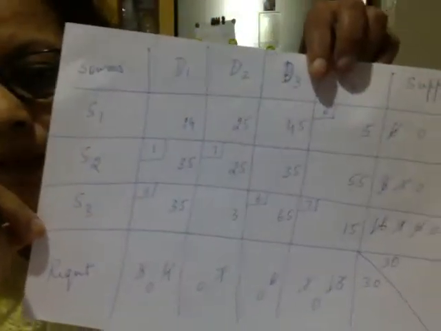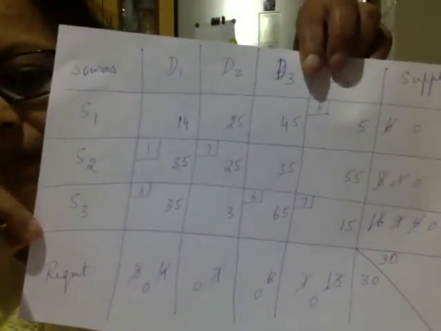Okay. Now, I've forgotten to do that 30. We will do it again. The first allotment was 6, so 30 minus 6 becomes 24. Next allotment was 7. So 24 minus 7 is 17.